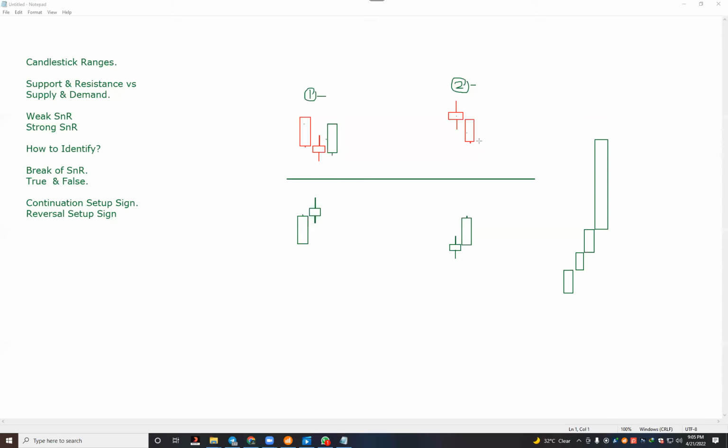Now, if buyers want to enter here, what will they do? I think they test the sellers. The sellers here are very strong, I'm declaring. But buyers want to enter.